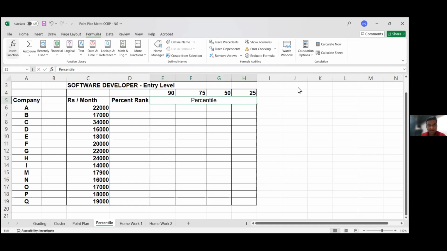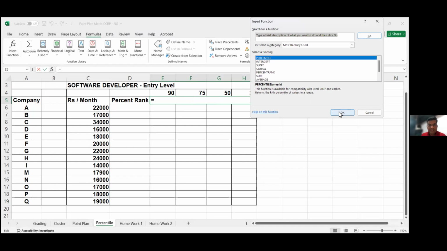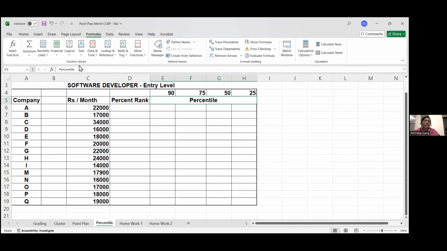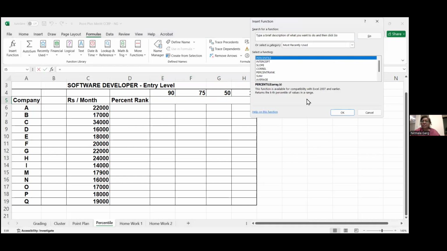Below Function, I think you will have to click on E6. I'll do it here so that it becomes easier. Insert function, percentile.